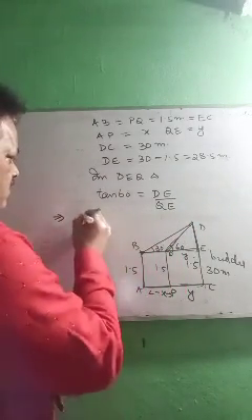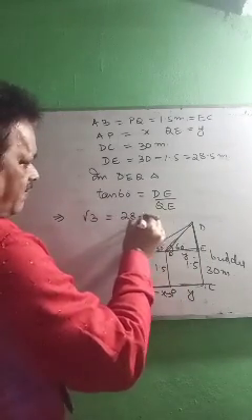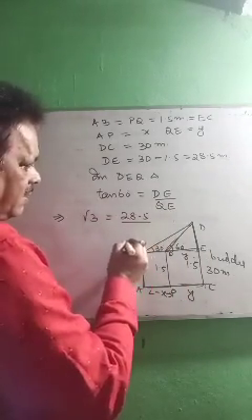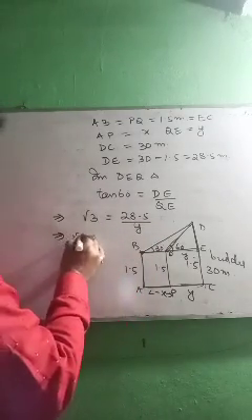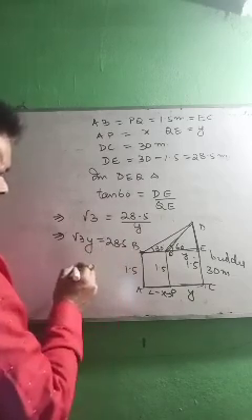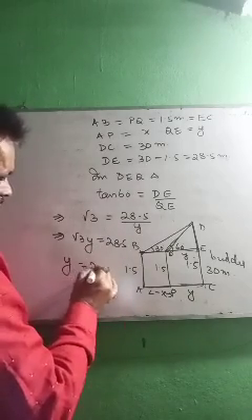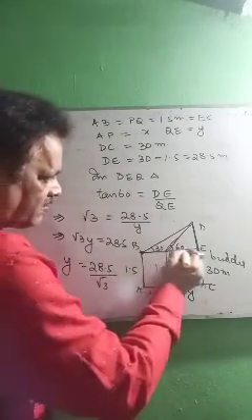Tan 60 is root 3. This is 28.5 divided by Y. Cross multiplication. Root 3 Y equals 28.5. Y equals 28.5 by root 3. So you got this one.